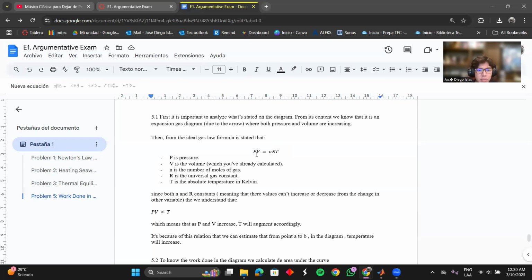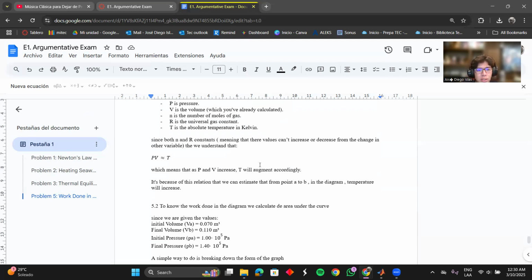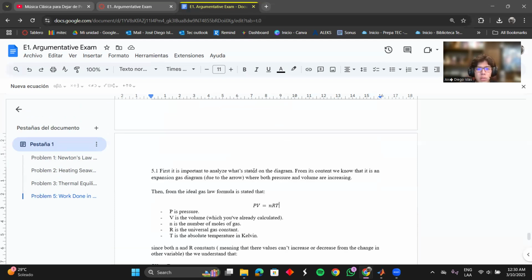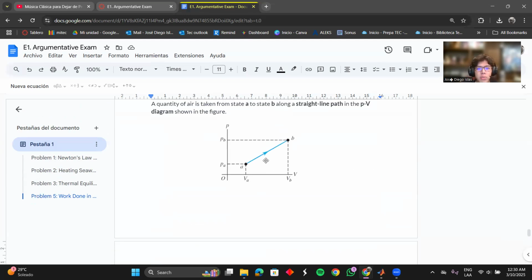So that pressure times volume equals the moles of the gas times the R gas constant times the temperature, right? But we want to know what if the temperature would increase or decrease from A to B. But how do we know that if we don't have any values?